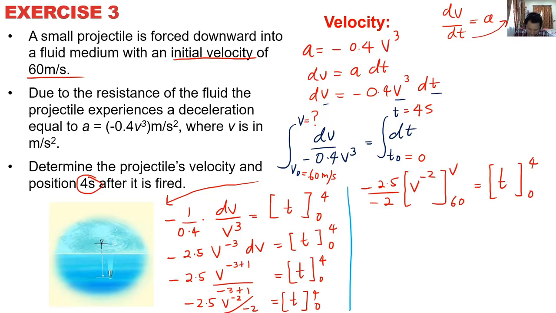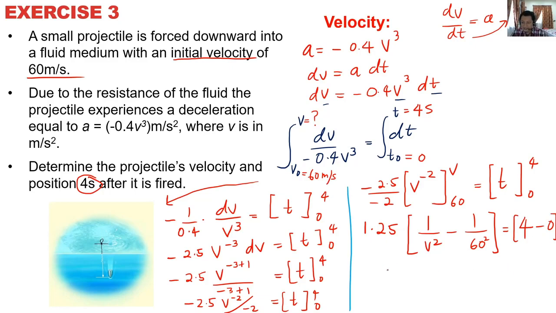2.5 divided by 2 is 1.25. This is actually 1 over v squared minus 1 over 60 squared equals 4, if you plug it in. 4 minus 0, actually.